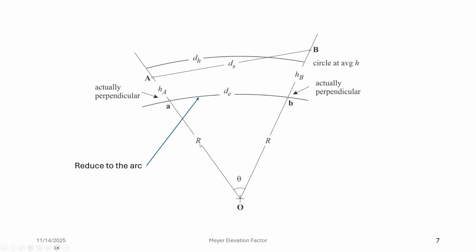R is on the order of 6.3 million, and d_s would typically be a couple hundred at the most. So I can't draw it like that. If I drew it to scale, the two sides of this triangle would lay on top of each other for a pixel. So I've drawn it as if theta is like 30 degrees or something, but in reality it would be incredibly close to 0.